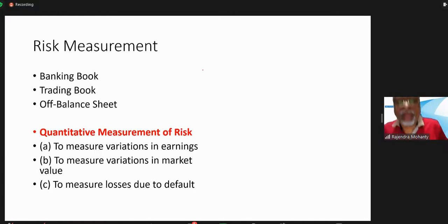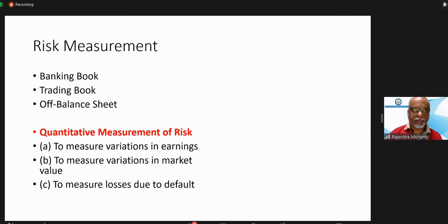So trading book, very rare. Sometimes it might be possible. That's why I told that sometimes a future or forward contract might be booked in the trading book. But normally 99% of the things become part of the banking book only.